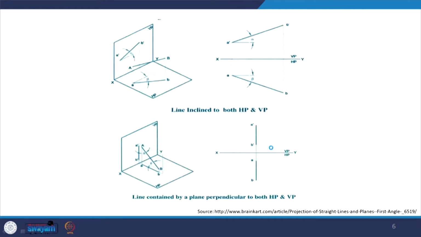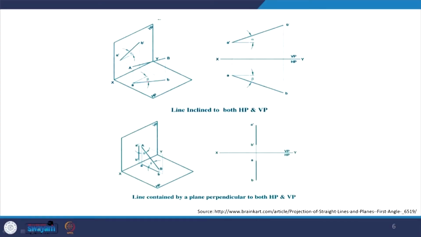Now, what if the line is inclined to both the planes? So, what we have? We might be having a line which is, say, like this. So, it makes a certain angle with HP and it also makes an angle with VP.